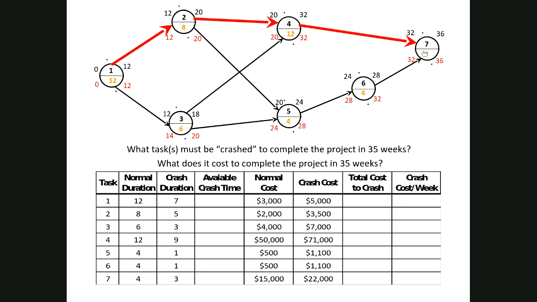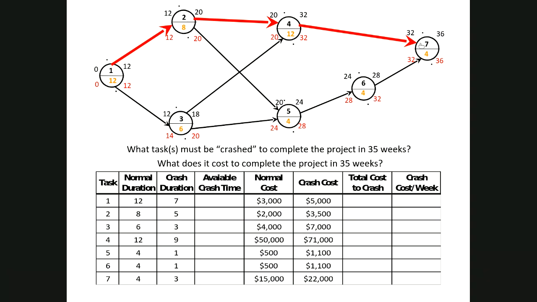Why is that? Think about this carefully. If you'll notice, 12 weeks plus 8 weeks is 20 weeks, plus 12 weeks is 32 weeks, plus 4 weeks is 36 weeks. It takes 36 weeks to complete these 4 tasks at best, no matter what you do.